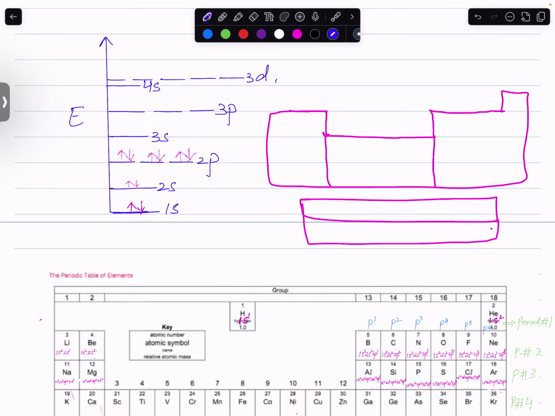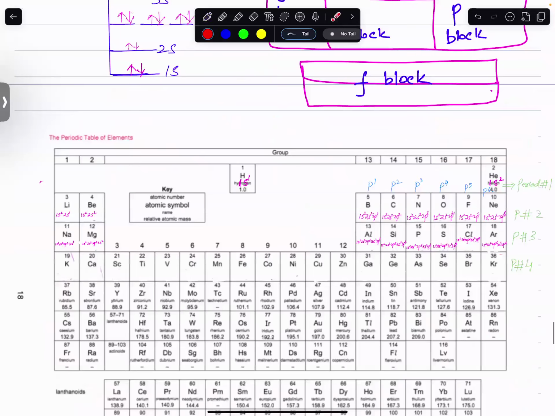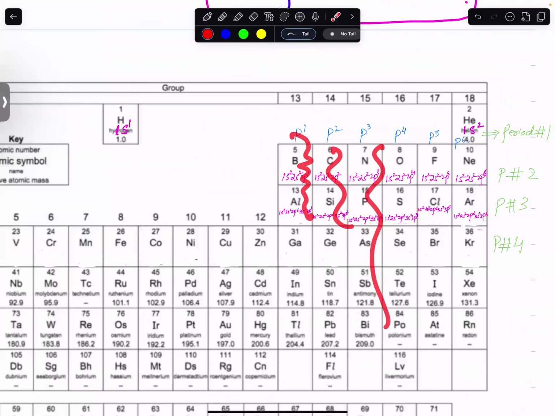So these are called s block. These are called d block elements. These are called p block. And these are called f block. You know why? What comes at the end? P, p, p, p, p, p.